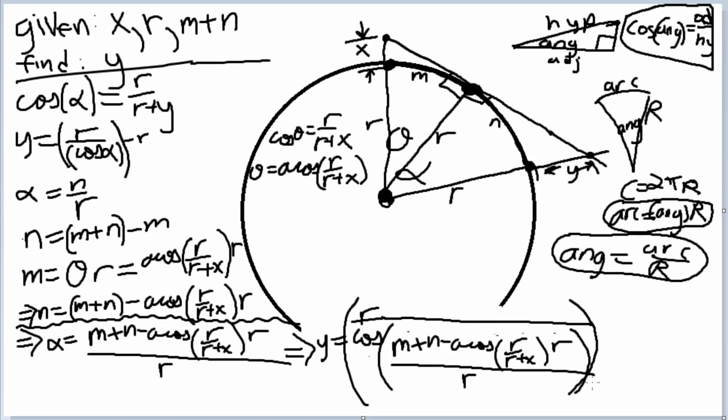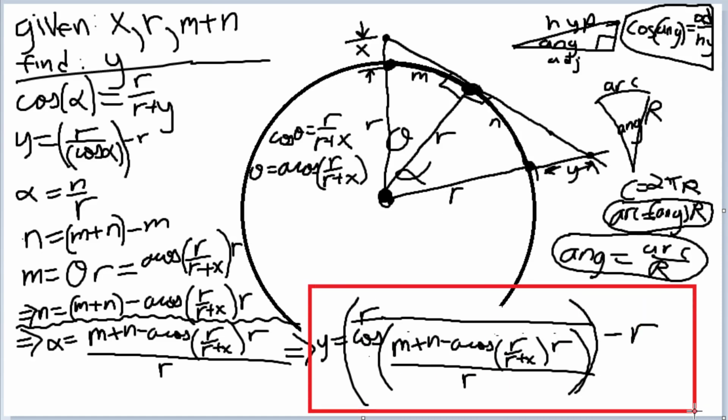There, good enough. Minus r over cosine of alpha minus r. So then this is how a curve calculator works. Yeah, and now we can put a red box around our answer to make it easy for you to see.